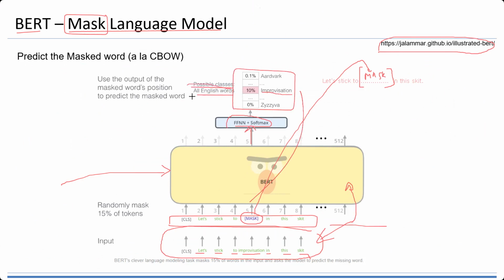All English words means if there are 100,000 words, then they will show the 100,000 words. And the biggest probability or the biggest score will be selected as the proper word for this mask. So because this is the highest one, let's say 10% is the highest, then this word is the most proper word for this sentence.